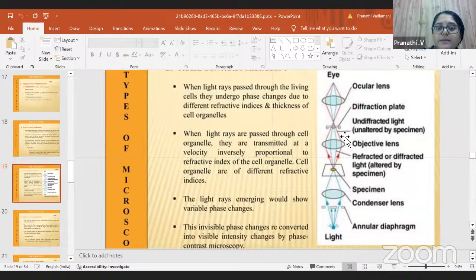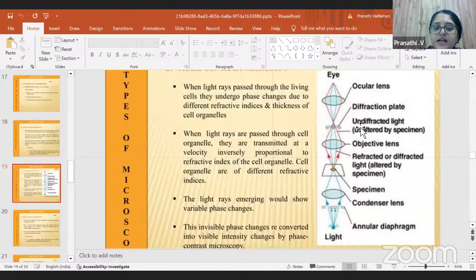So when the light rays are passed through the cell organelle, they're transmitted at a velocity inversely proportional to the refractive index of the cell organelle. So cell organelles have different refractive indices, because of which this particular point is being exploited in phase contrast microscopy.